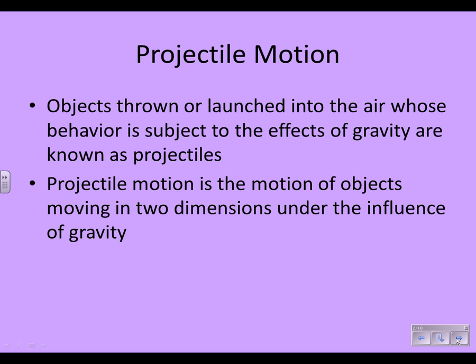Projectile motion is looking at that object moving under the influence of gravity as it moves through two dimensions. So a projectile is an object thrown or launched into the air whose behavior is subject to the effect of gravity. And then projectile motion is analyzing the motion of that object that is under the effect of gravity in two dimensions.